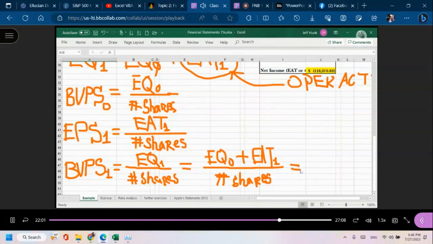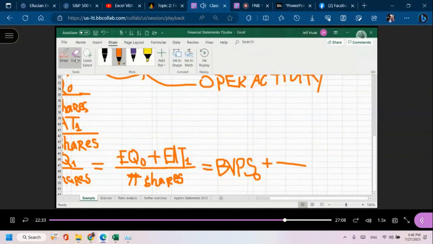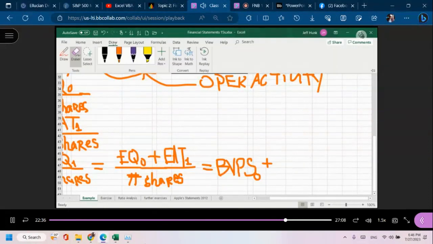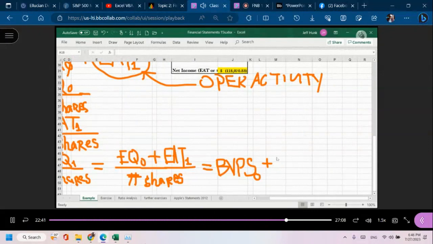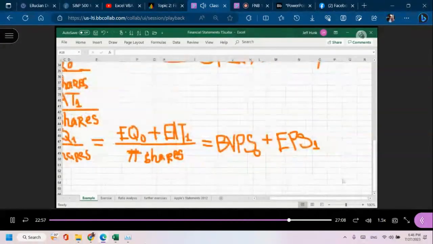In other words, what is equity at time 0 divided by number of shares? It's exactly book value per share at time 0. And then what is EAT at time 1 over number of shares? That's earnings per share at time 1, right?